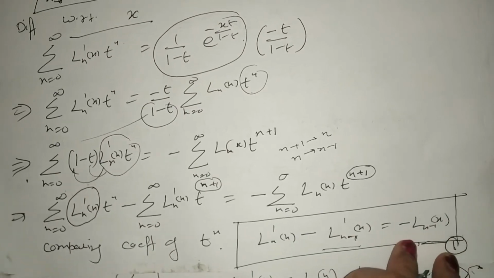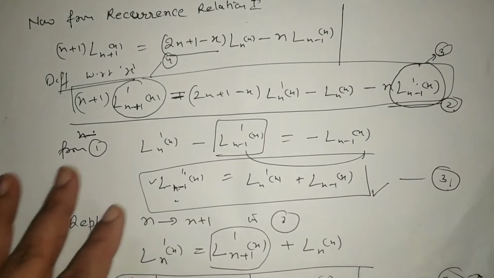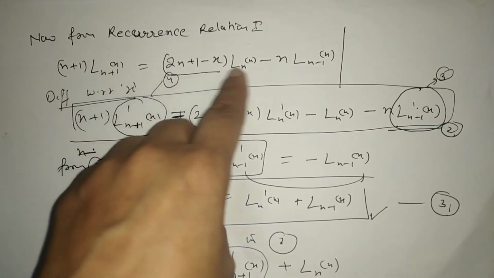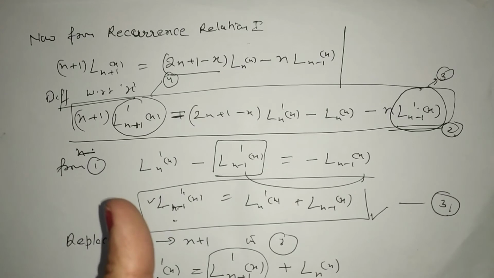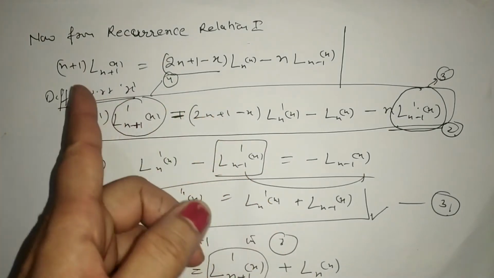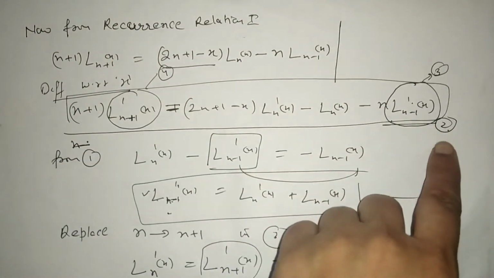We get the relation 3. So again we write the recurrence relation 1, and we differentiate it with respect to x. First we differentiate the generating formula with respect to x and get the relation 1. Then we differentiate the recurrence relation 1 with respect to x and we get this. We name it as number 2.